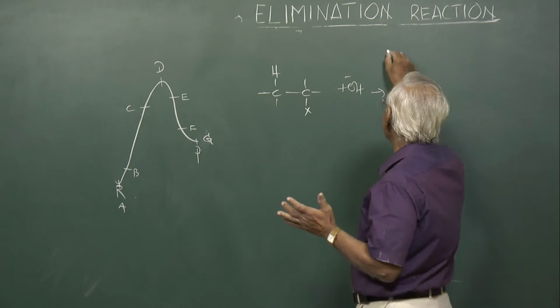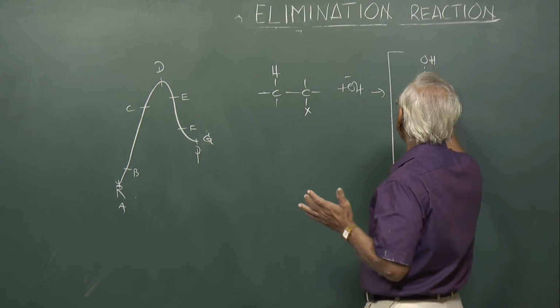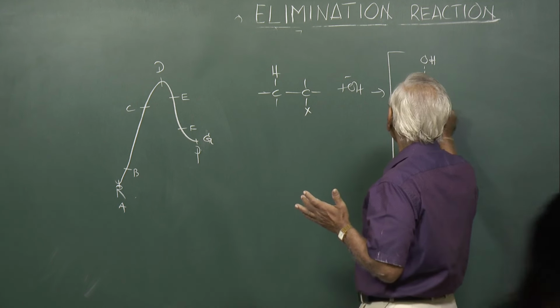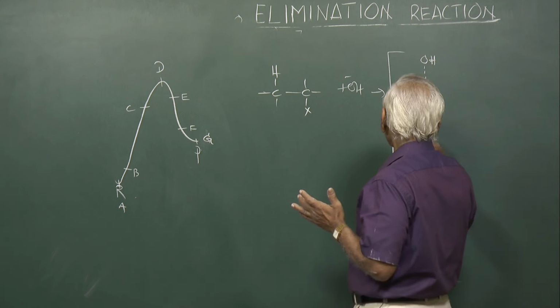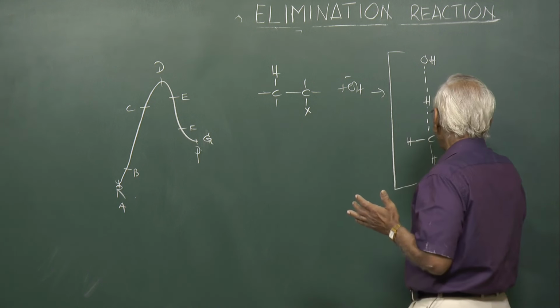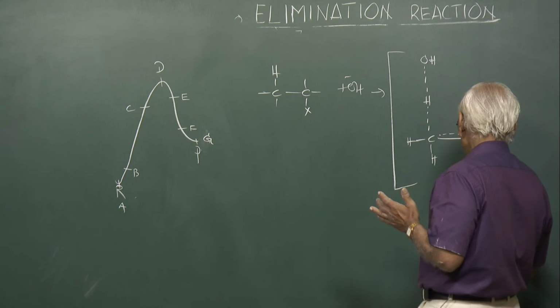What should be the transition state here? HO, dotted line to H here, which in turn is connected by a dotted line to a carbon with H here, a sigma bond, a pi bond in the form of a dotted line, and a dotted line towards the chlorine here.